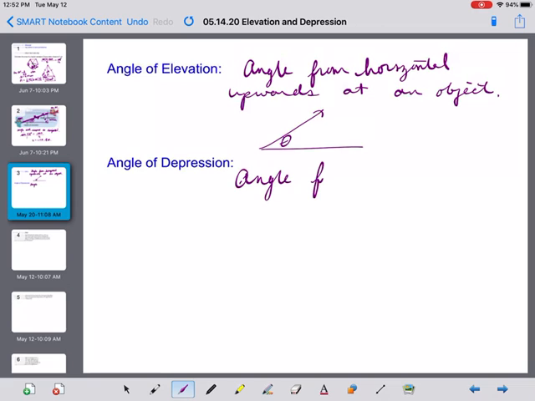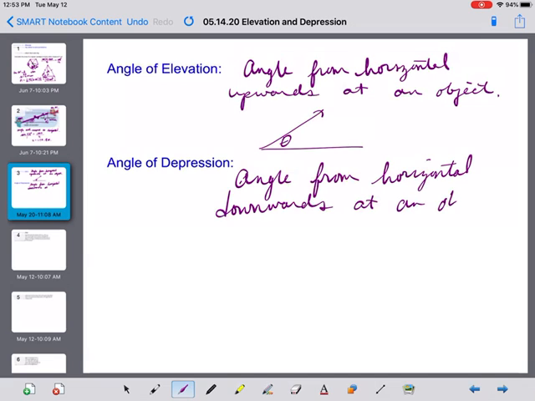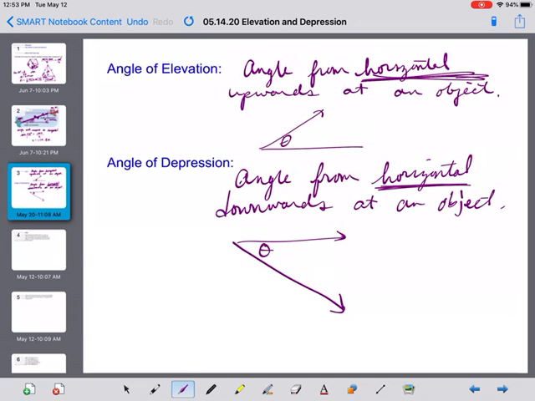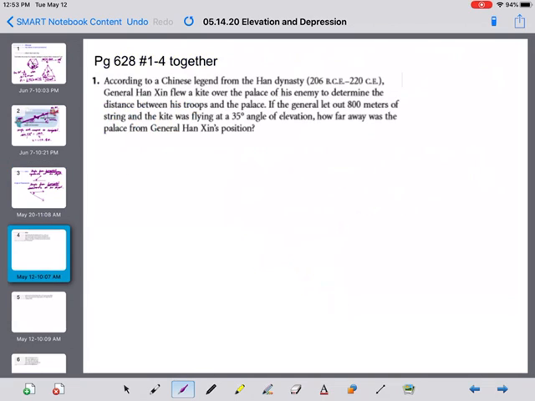And then angle of depression is the angle from horizontal downwards at an object. And it's really important. It's with the horizontal. So keep that in mind as we work through some problems.